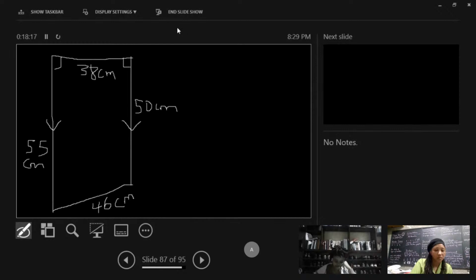So the area formula is (A plus B) over 2 times the height. So that would be 50 plus 55 over 2 times 38, which is the height.